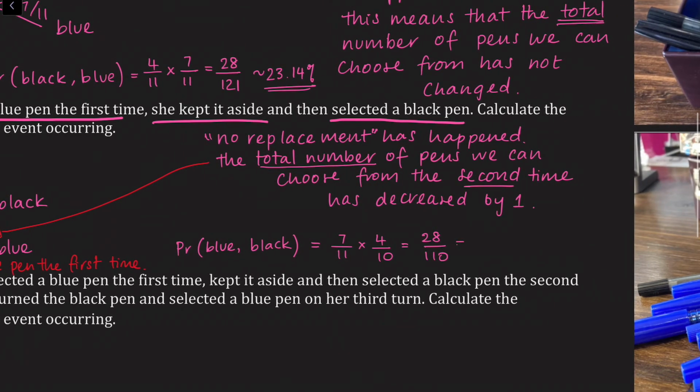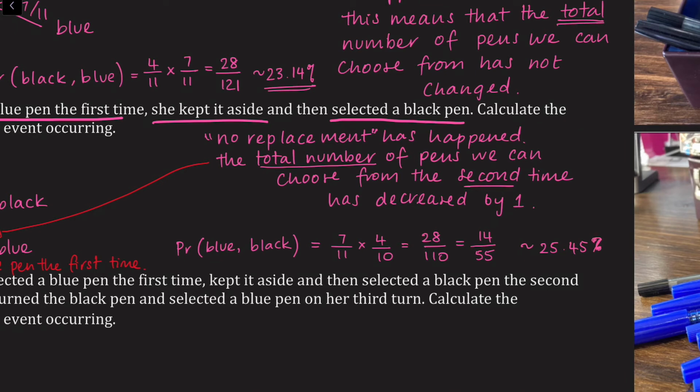Simplifying that, we get 14 divided by 55. And again, we can work out the percentage for this as well. So that'd be about 25.45%.